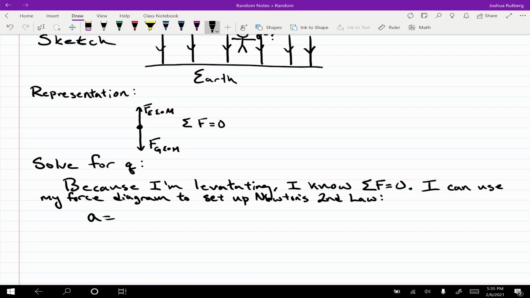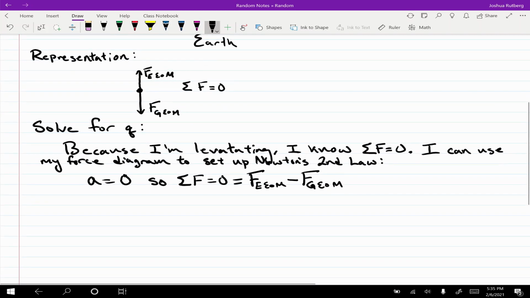So acceleration is 0. So the sum of the forces must be 0. And the sum of the forces is going to be equal to the electrostatic force the Earth exerts on me, minus, because it goes down, the gravitational force the Earth exerts on me. So I know the equations to describe these forces.